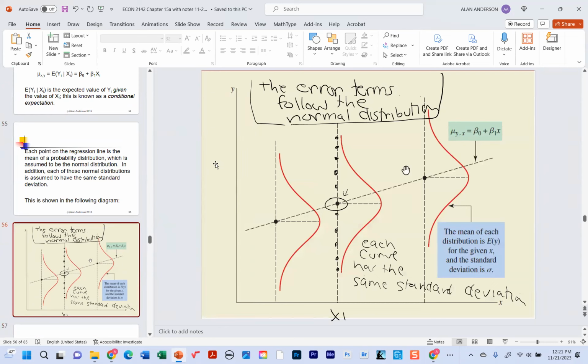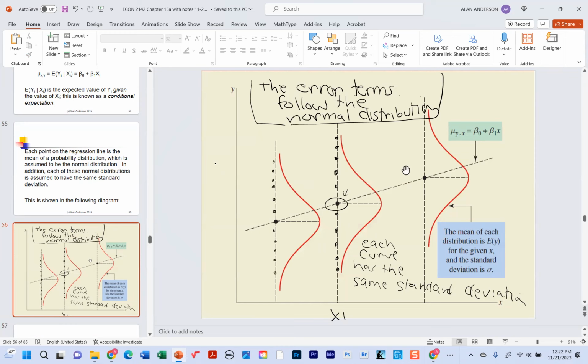So in other words, the line itself represents the centers of these distributions. If all the points were truly on that line, they'd be at the centers of these distributions and we'd have no errors. But in reality, the points can be anywhere, although the probability of getting way up here and down here is very low.